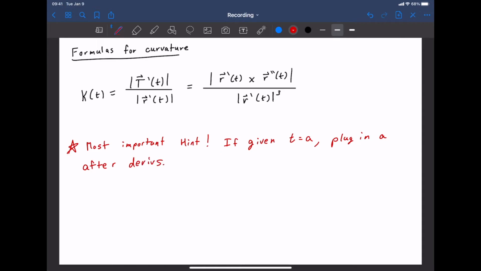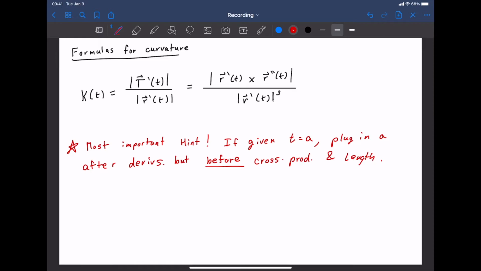It's going back to Calc 1, but plug it in before the cross product and length. I hope that's really clear to you, because that's where really a lot of things can go off the rails.